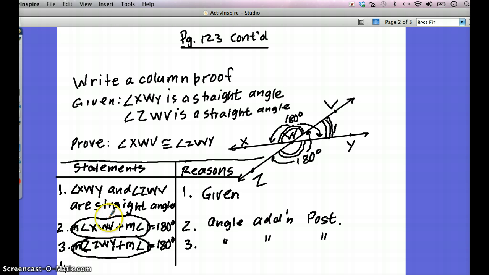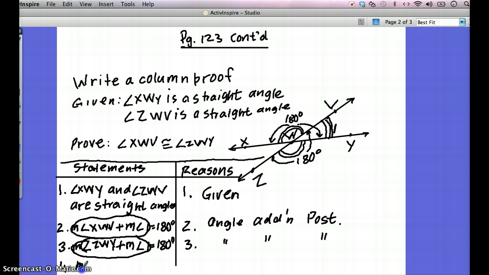Or I can say since A is equal to B and B is equal to C, then A and C must be equal to each other. Again, if A is equal to B and B is equal to C, then A and C must be equal to each other.